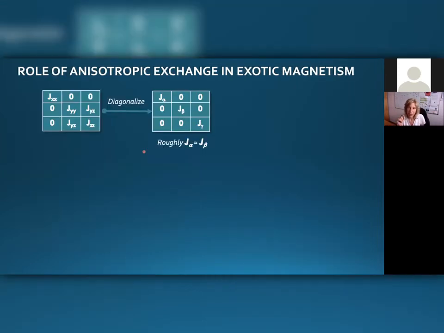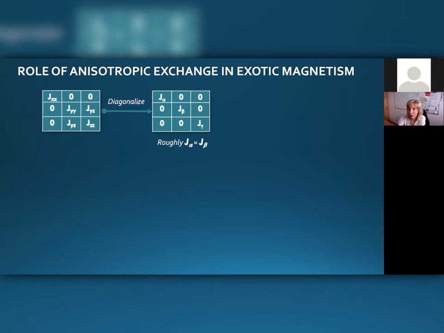Let's investigate. I said in the beginning that we always want to understand a bit more about microscopic mechanisms, so let me do that. I now have my symmetric matrix. It's a symmetric matrix, so I can always diagonalize it.